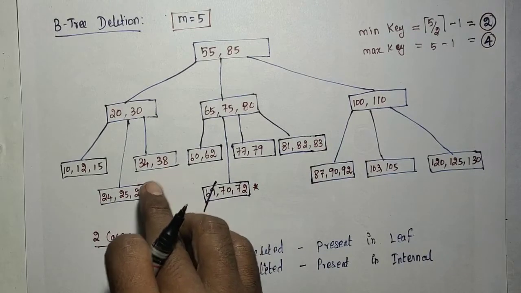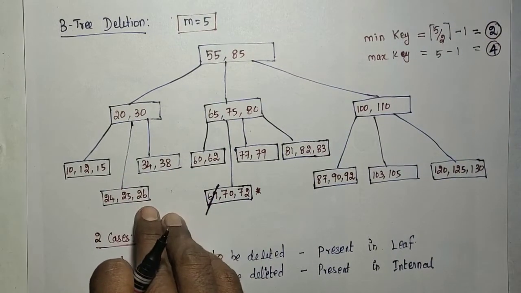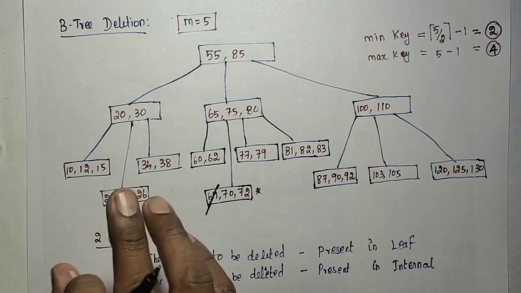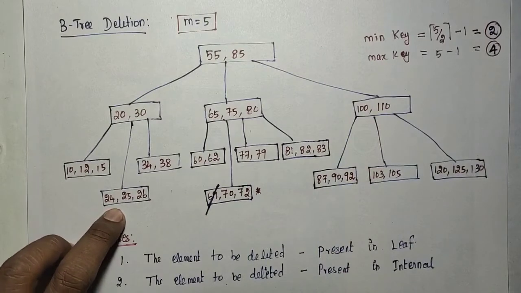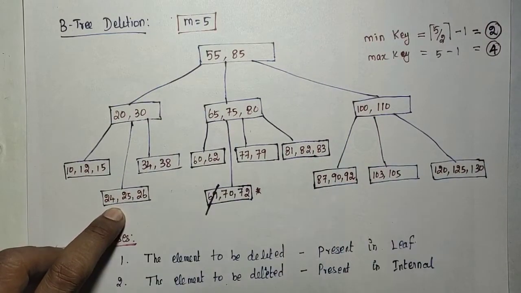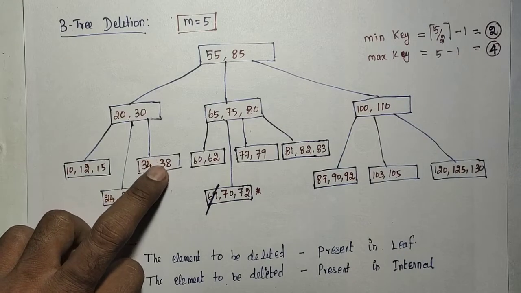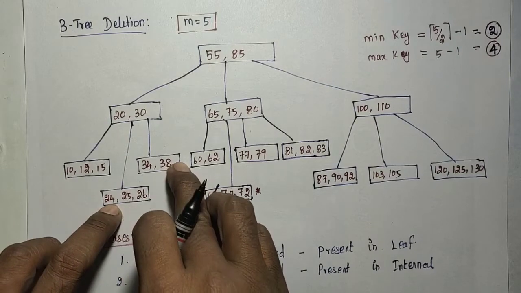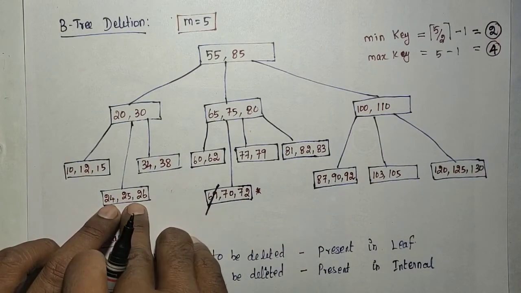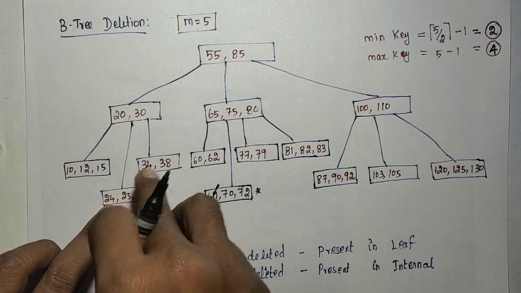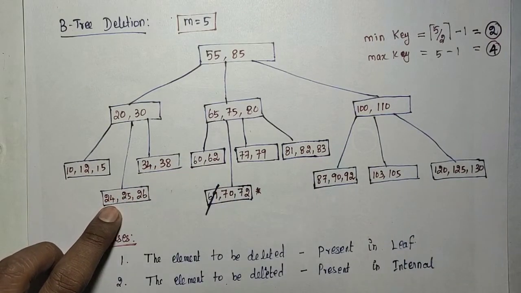But here the left sibling, 24, 25, 26, has more than the minimum number of keys, so it is able to give one element to this underflow node. So we can easily borrow from the left sibling. If it is not in a situation to give an element to that node, then we need to ask the right sibling.